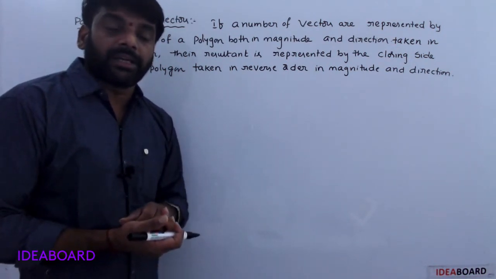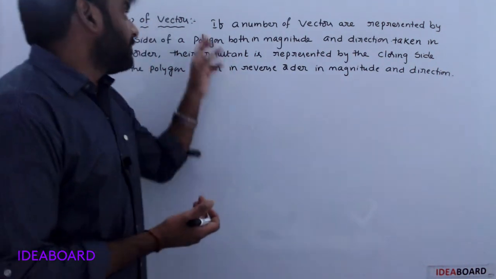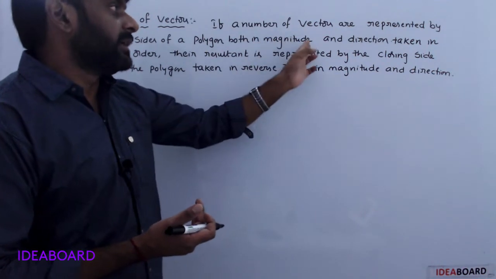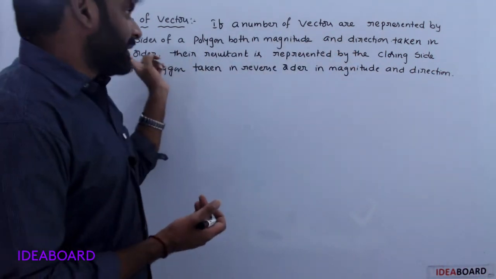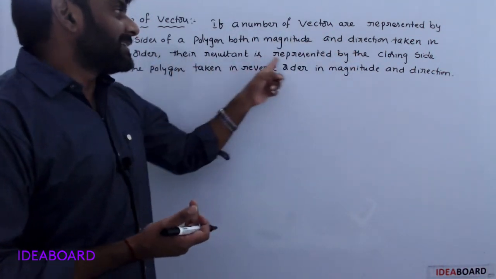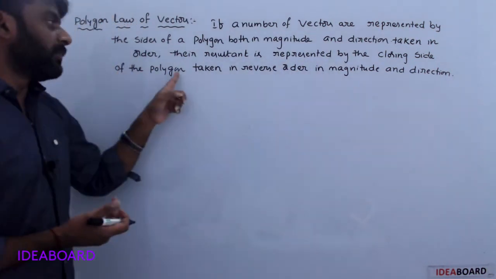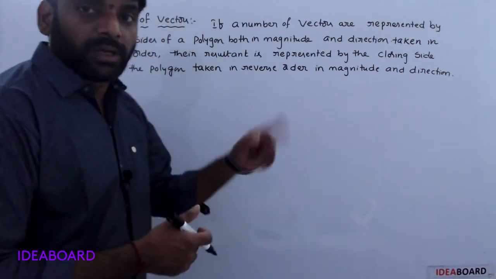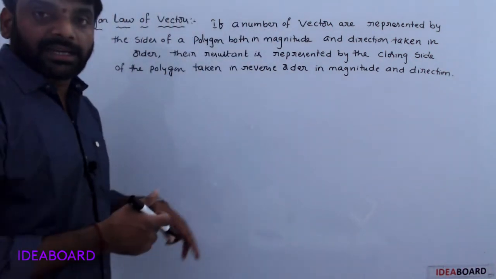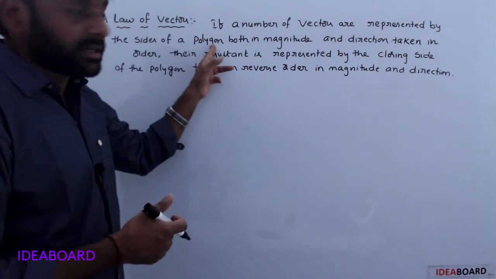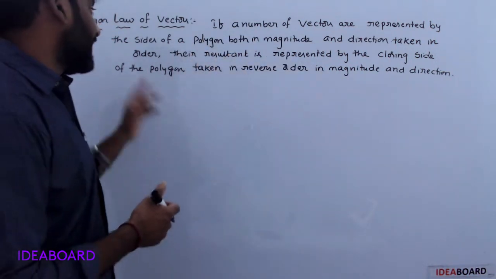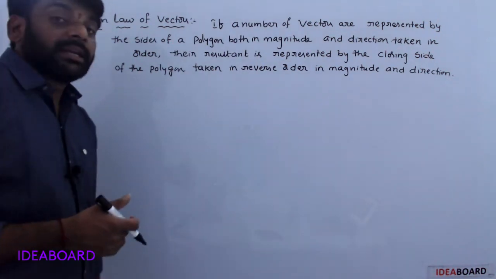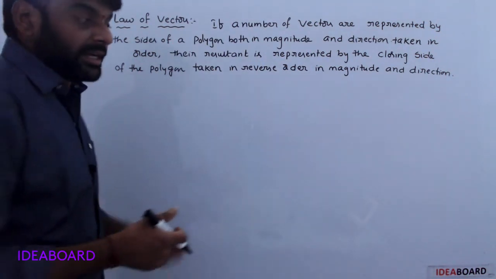If a number of vectors are represented in the sides of a polygon, both in magnitude and direction, taken in order, their resultant is represented by the closing side of the polygon taken in reverse order in magnitude and direction.